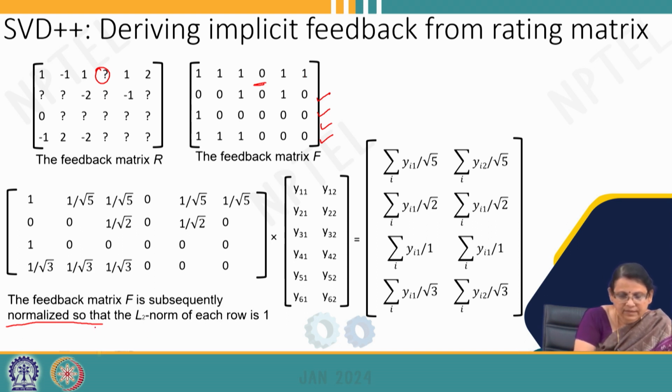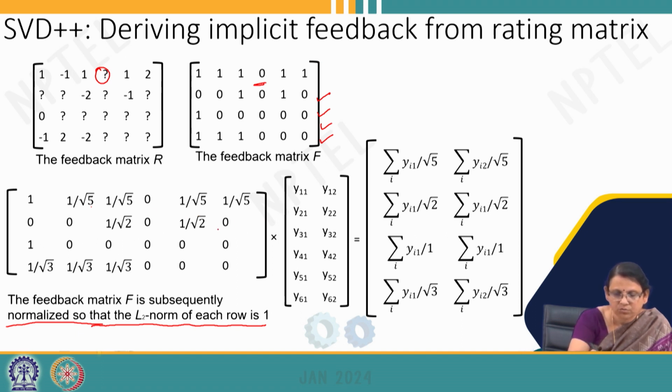So, it is normalized so that the L2 norm of each row is 1. We divide this by, this is 1, 2, 3, 4, 5. So, the sum of squares of all the ones is 5, and taking the root, that makes it root 5. So, root 5 is divided everywhere.